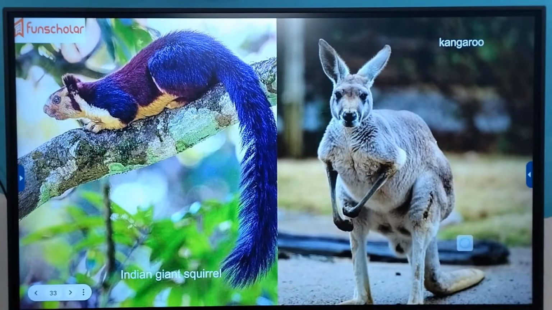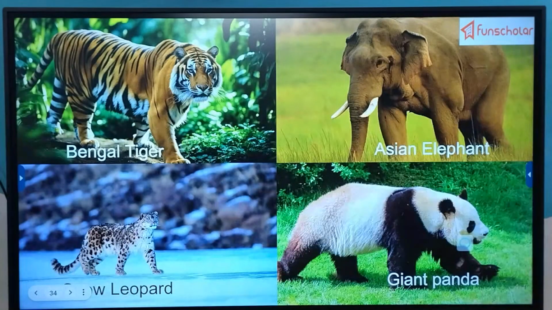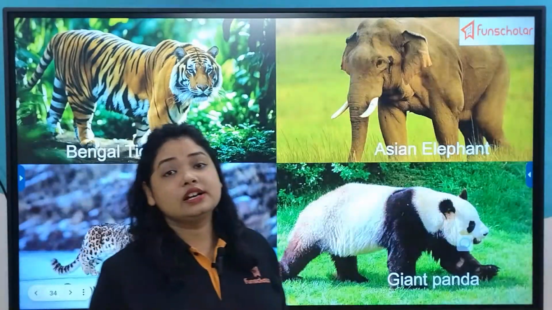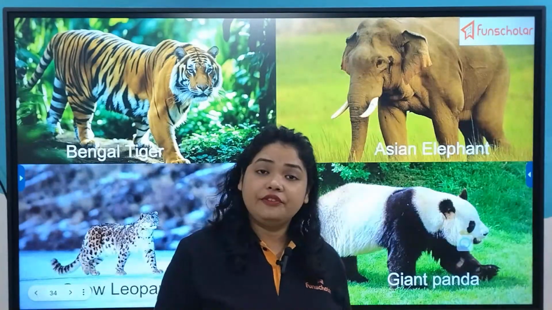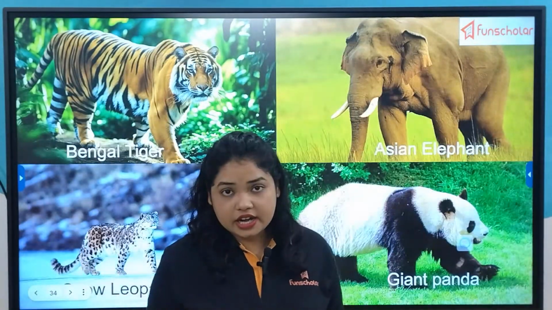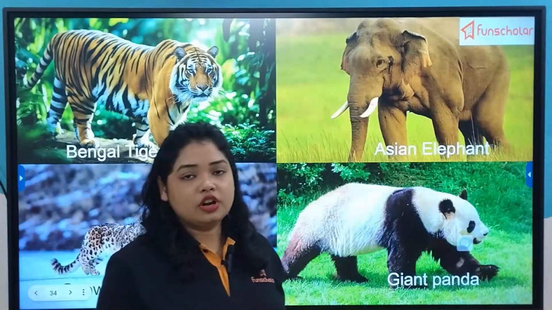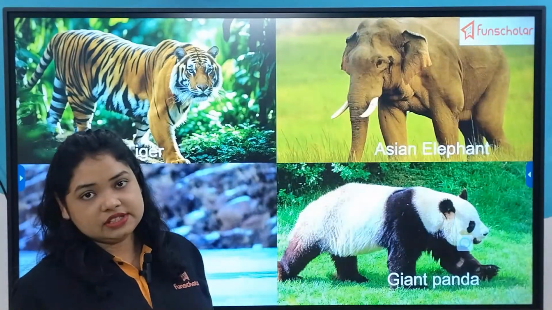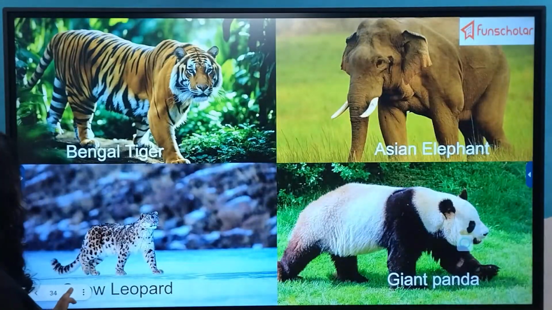This is the Indian giant squirrel, as you can see, the exotic unique color, and that is the kangaroo. These are the endangered species: Bengal tiger, Asian elephant, giant panda, snow leopard, and all of them are conserved. The conservation activities have already started way before in order to conserve these animals from being extinct.